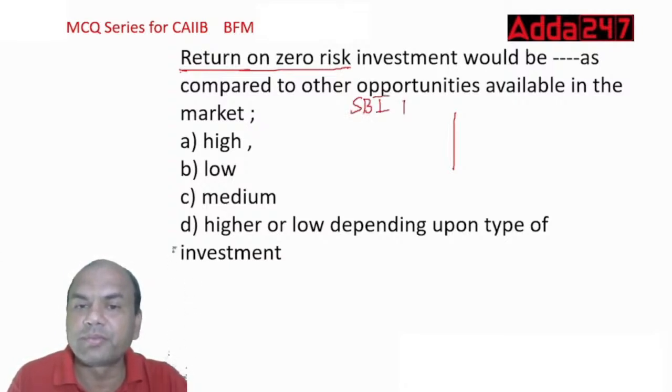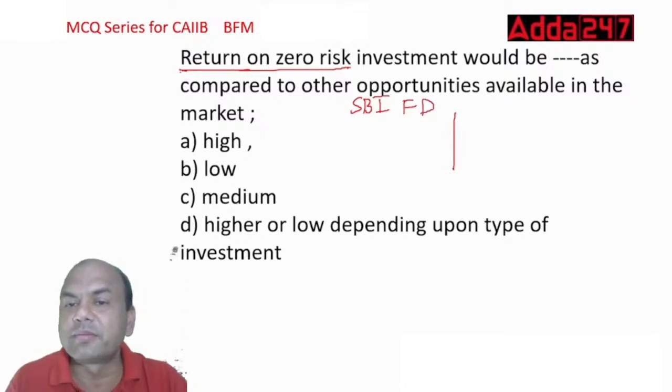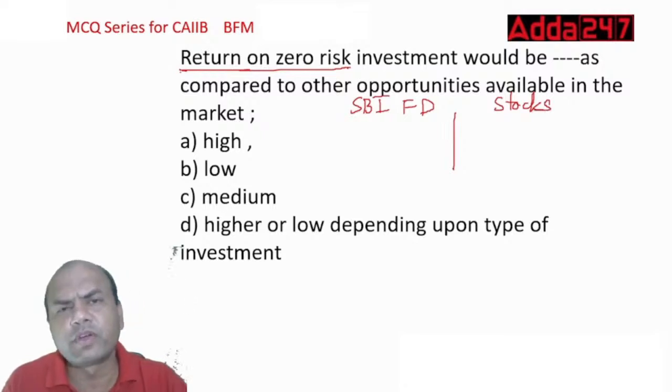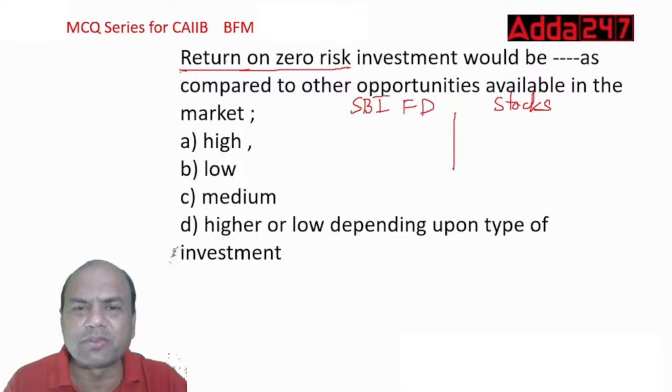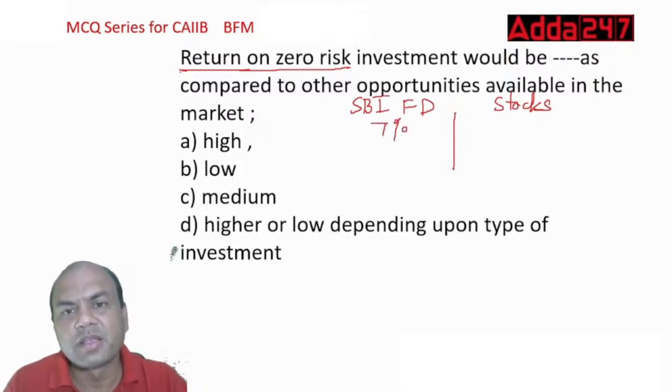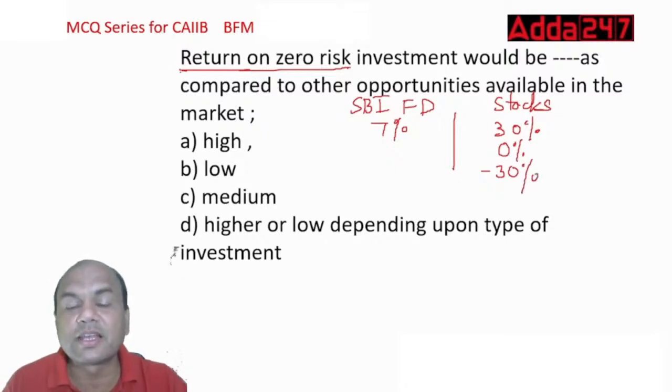Or second, I keep the money in stock markets. What will happen? This SBI FD is safe, something like 6-7%, roughly, whatever I'll get. That is safe. But what about the stocks? These stocks might give me, let's say, 30%, or 0%, or minus 30%, isn't it? So that's why this is a riskier element.